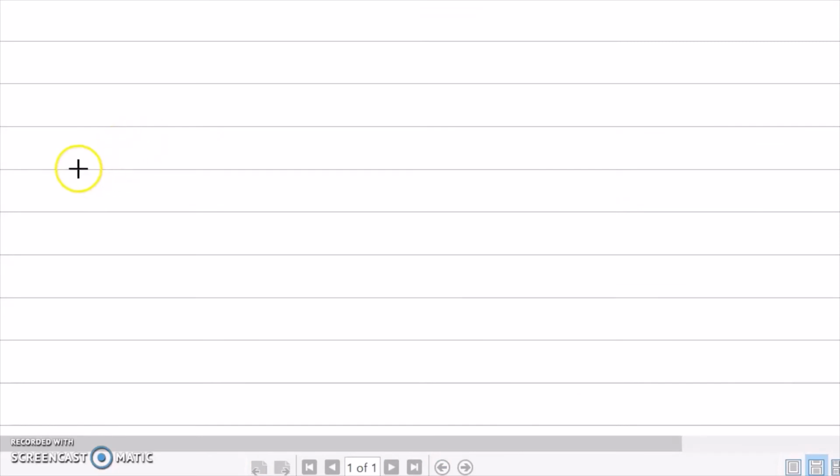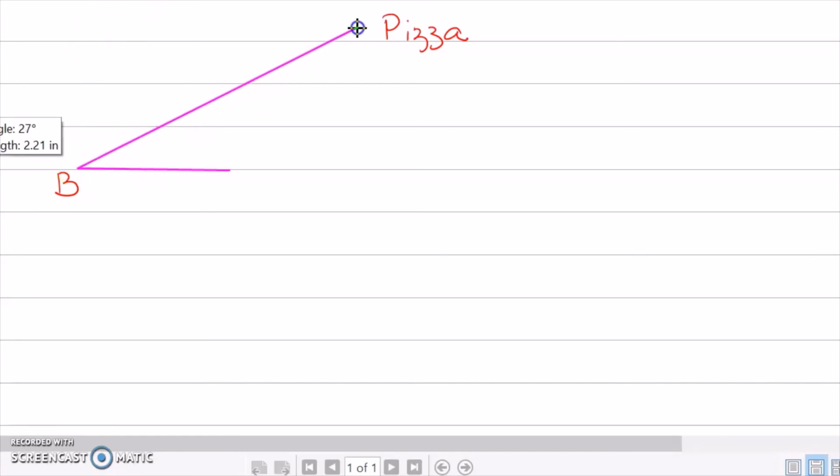So let's say Bobby needs to walk from home to the pizza shop. So we're going to want to know what this distance is, but Bobby can't walk in a straight line. So he's got to go around blocks, around buildings.